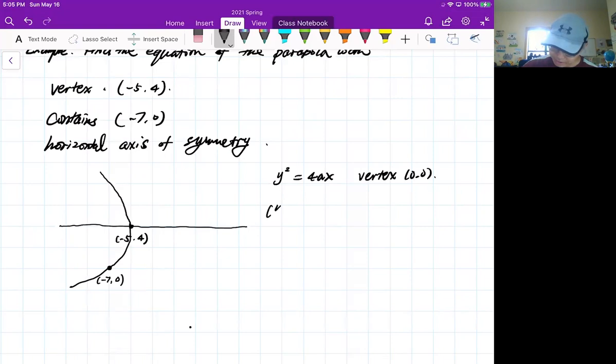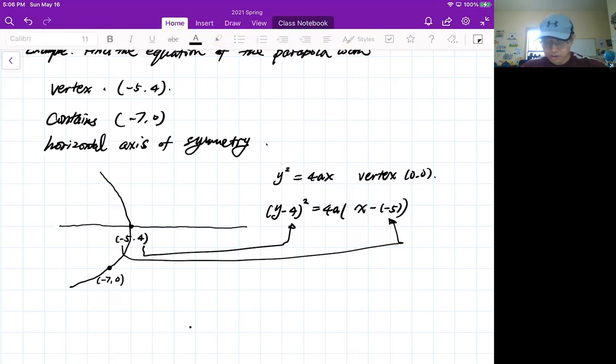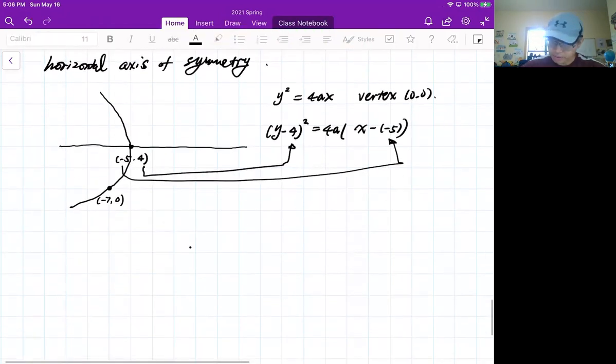So 4 goes here, the y minus 4, and x should be x plus 5. So the x goes here. Does it make sense? And then I just need to decide the a here. So we get the following equation, and this is my equation here. So I also get a point here.